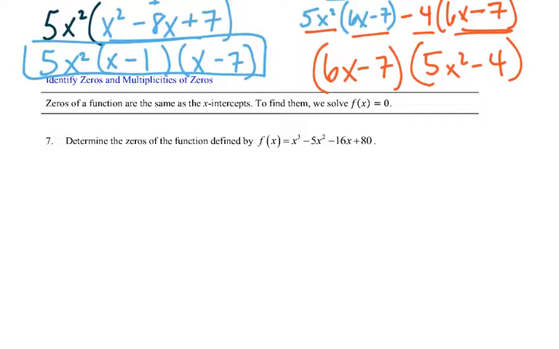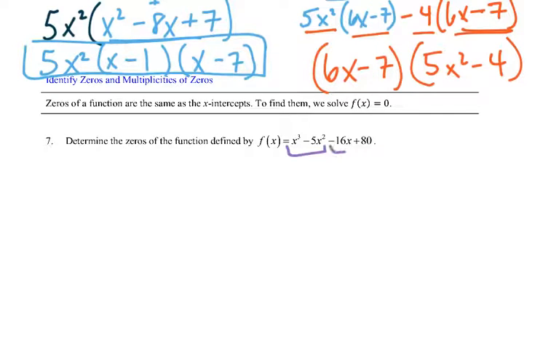For number 7, we need to determine the zeros of the function defined by f of x equals x to the third minus 5x squared minus 16x plus 80. Now, anytime I have 4 terms like that, my gut instinct is that I want to factor by grouping if possible. So I'm going to look for groups that will give me the same binomial that I can then factor out.